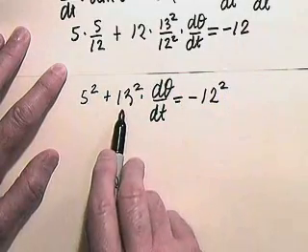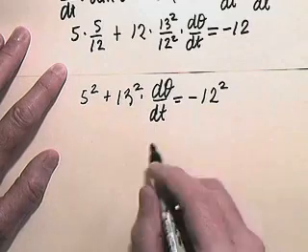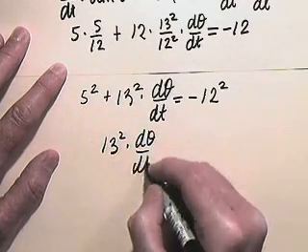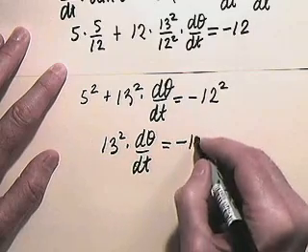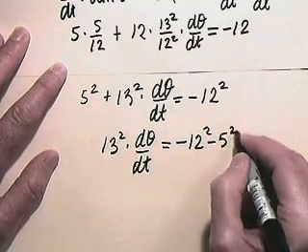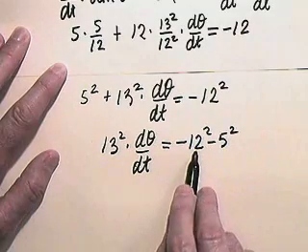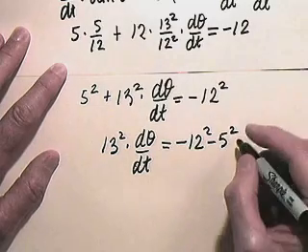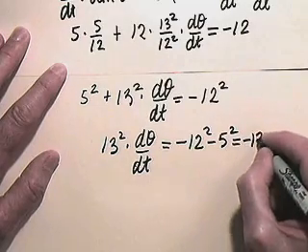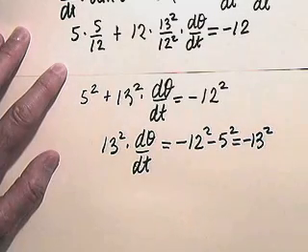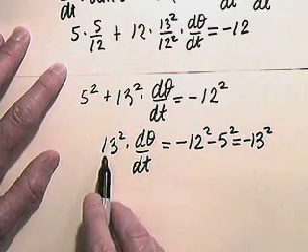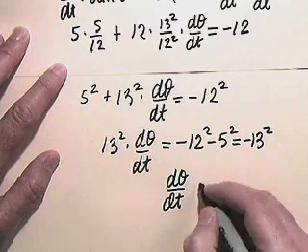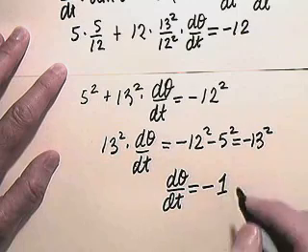So now let's move this 5 squared to the other side. We have 13 squared d theta/dt equals negative 12 squared minus 5 squared. Well, remember that's 144 and 25 is 169, which is 13 squared. So we're ending up with negative 13 squared over here on the right side of our equation. And so now we see they easily cancel, leaving simply d theta/dt is negative 1.